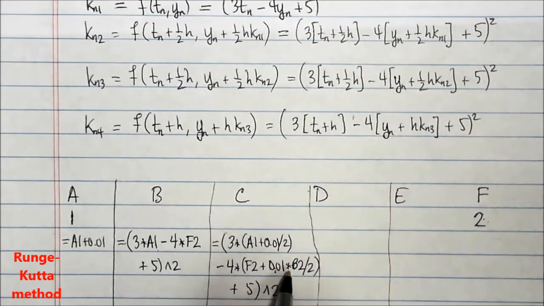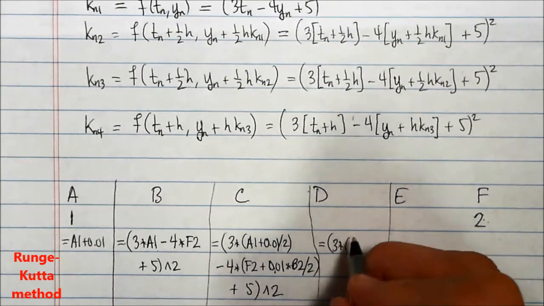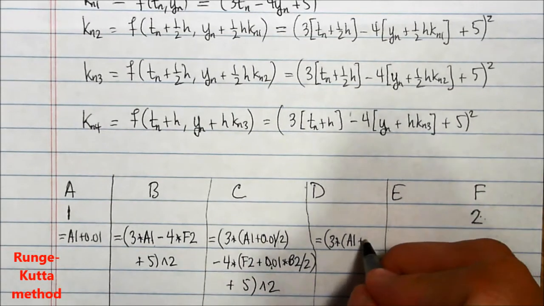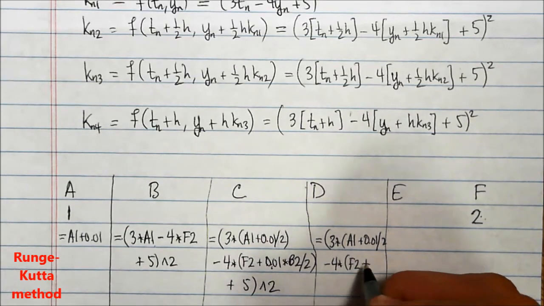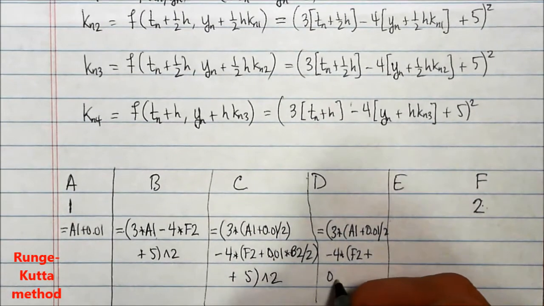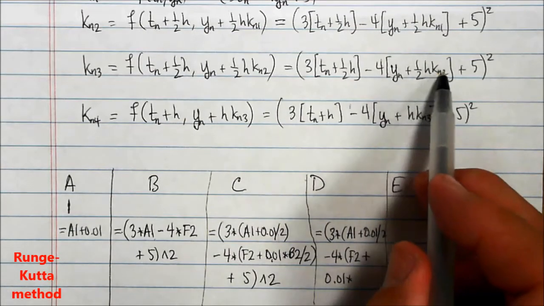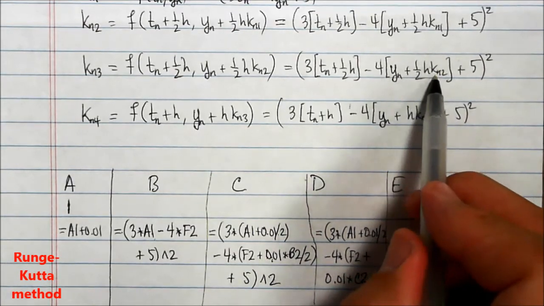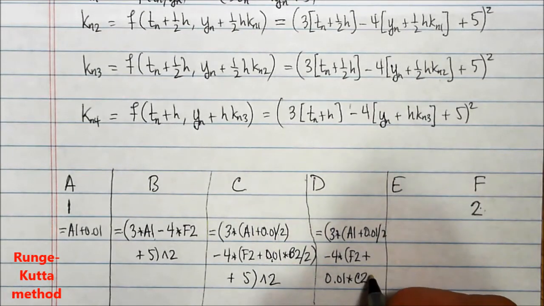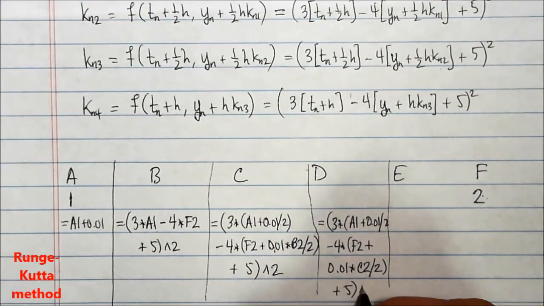Column D is going to look an awful lot like this. So the first part's the same, 3 times A1 plus 0.01 over 2, minus 4 times F2 plus 0.01 times, instead of B2, is now C2, because I'm using the Kn2 thing that I just got, divided by 2, plus 5 squared.